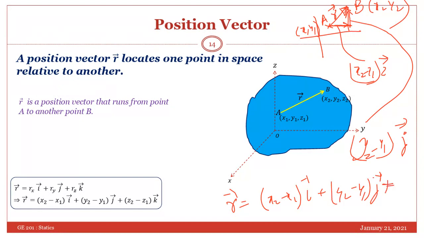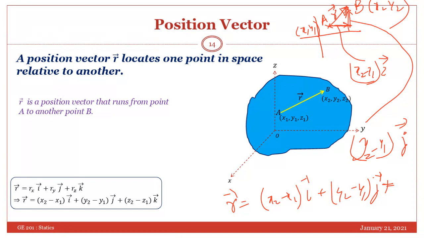If the problem is a two-dimensional problem, your coordinates will only be x1, y1, x2, y2. But if your problem is three-dimensional, then you will have a third coordinate also. So A will be represented by x1, y1, z1, and B will be x2, y2, z2. So in that case, the x component will be (x2 minus x1)i, the y component will be (y2 minus y1)j, and the z component will be (z2 minus z1)k.